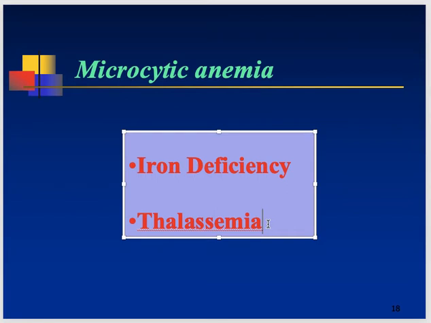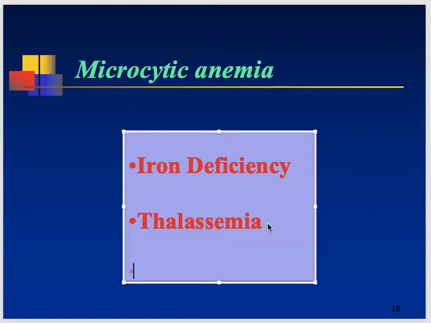The most common cause of microcytic anemia, and of anemia generally in this world, is iron deficiency anemia. In developing countries, that is due to lack of calorie intake, especially in kids, and in developed countries, most adults or old people get iron deficiency anemia because of cancers or some chronic conditions. So TAILS, okay.